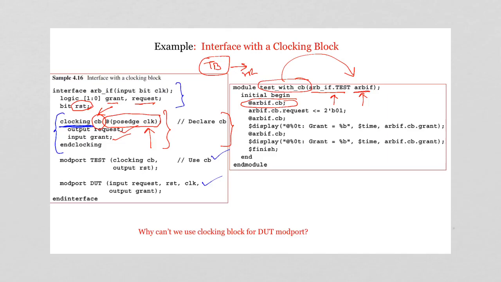You are going to write the program on the event which occurred on the clock, so you are referring to the clocking block now. @arbitif.cb means whenever an event occurs in the clocking block of the arbitif interface. That means it is referred with respect to the clock edge.